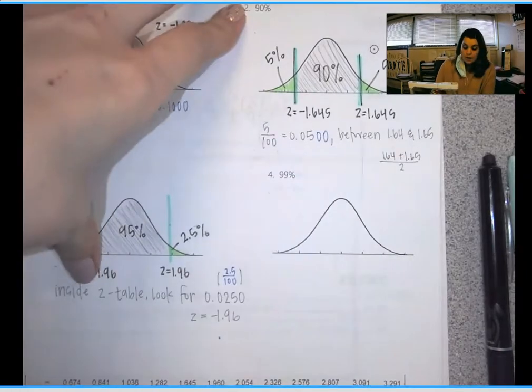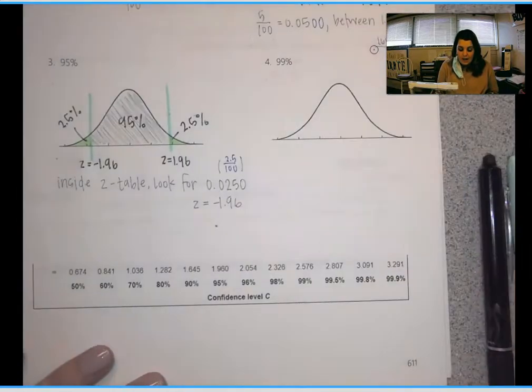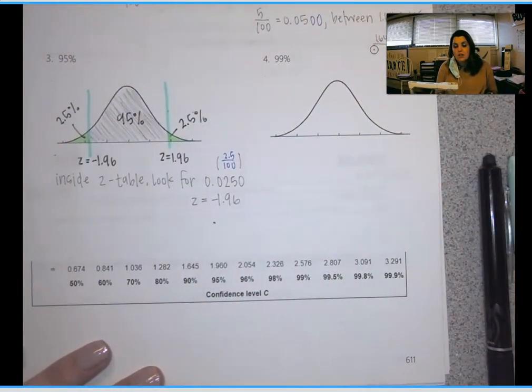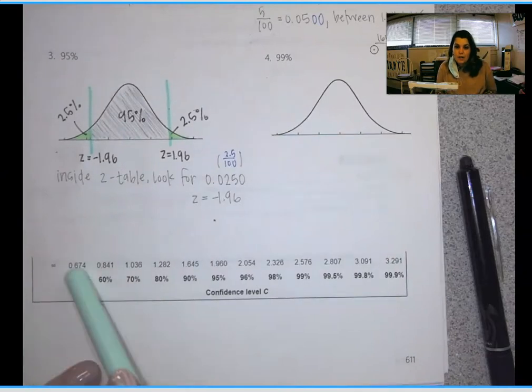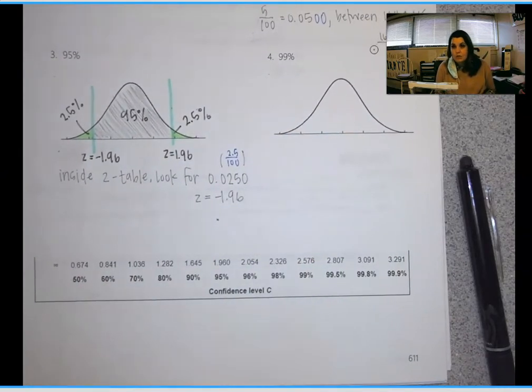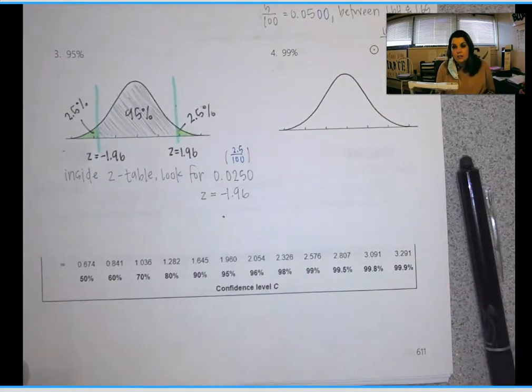So you are now going to do 99% on your own. Oh, look, I have the values down here, so you can use that to check your answer. Now, I'm not asking you a quiz question on this because it's kind of silly to do that when you have these values down here. There's no way for me to know if you actually went through and drew this and calculated the percentages.